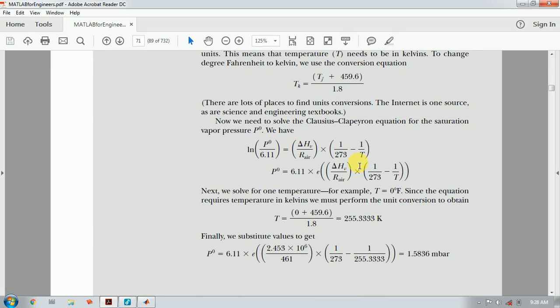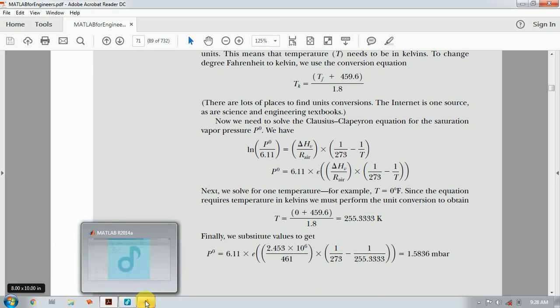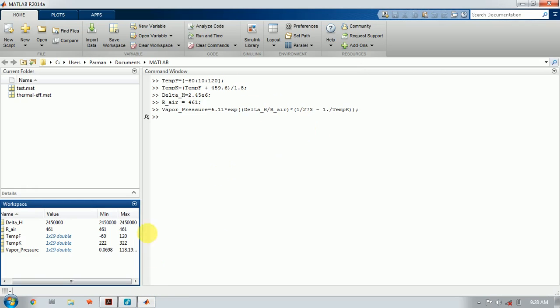Okay, it is the value we get after the substitution for 0 degrees Fahrenheit, and if we compare with this MATLAB result, it is different, but between the minimum and maximum values we find the same as the manual solution.